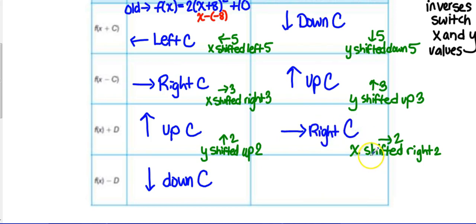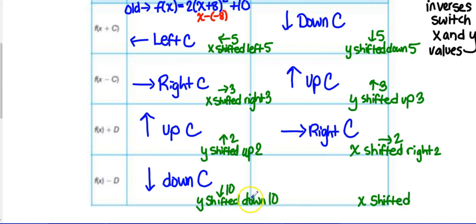In general, we will state right c. Last but not least, let's say my original was shifted down 10. So y has been shifted down 10. Again, inverses switch x and y, so now I'm discussing x, but x can't move down, right? X is limited to left and right.